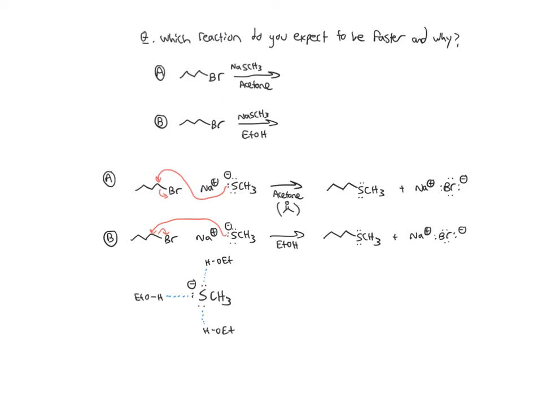And so A is going to be the faster reaction because it's in a polar aprotic solvent. And so it doesn't interact as well with the nucleophile. And when it would interact with the nucleophile, it would slow it down.